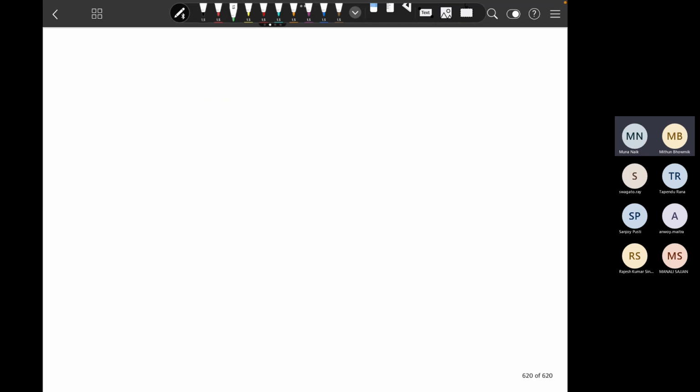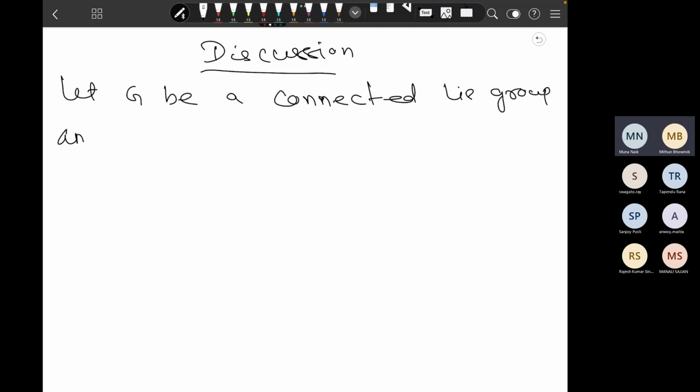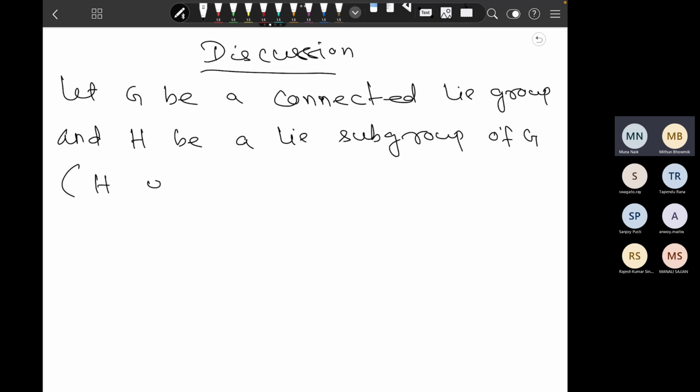now, an important thing. Let us see the discussion. So let G be a connected Lie group and H be a Lie subgroup of G, and H is not necessarily connected.